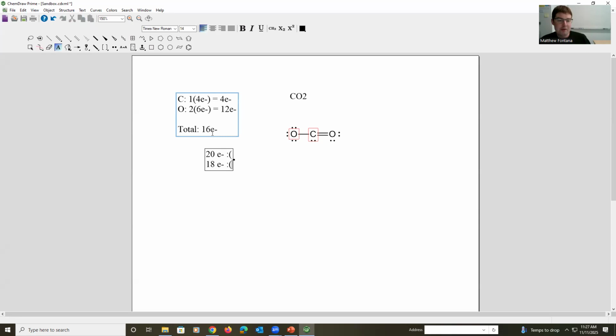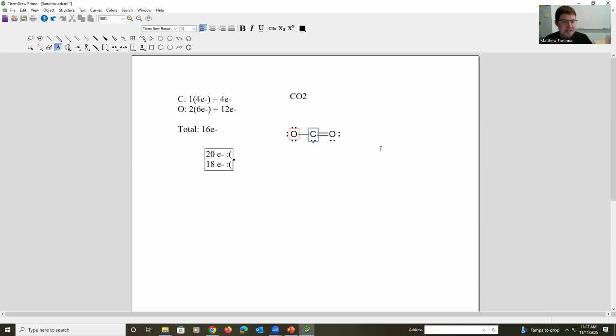We went from 20 down to 18. Essentially, the reason our net number of electrons went down by 2 was we subtracted a lone pair off oxygen and a lone pair off carbon, and then added a double bond between the 2 atoms. So we've subtracted 4 electrons and then added 2 electrons, which is a net loss of 2 electrons.